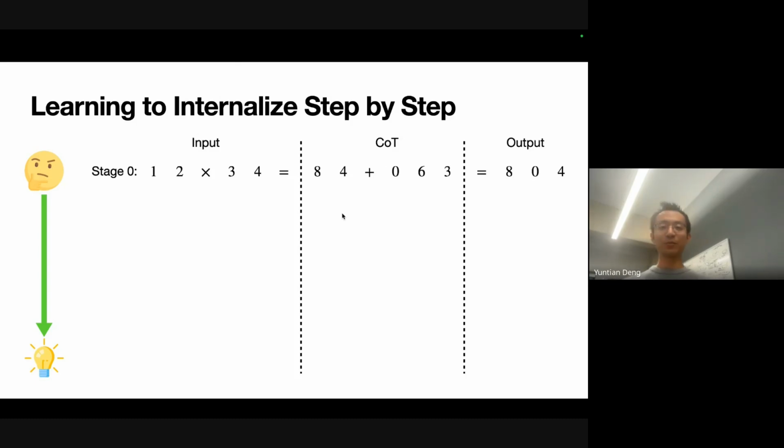Maybe we need to build a dependency graph or something, and then figure out the correct removal order based on that. But for now, I think it's mainly driven by this empirical observation, and also the intuition that removing from the end will force the information to be encoded at only a limited number of tokens. Does that answer your question?